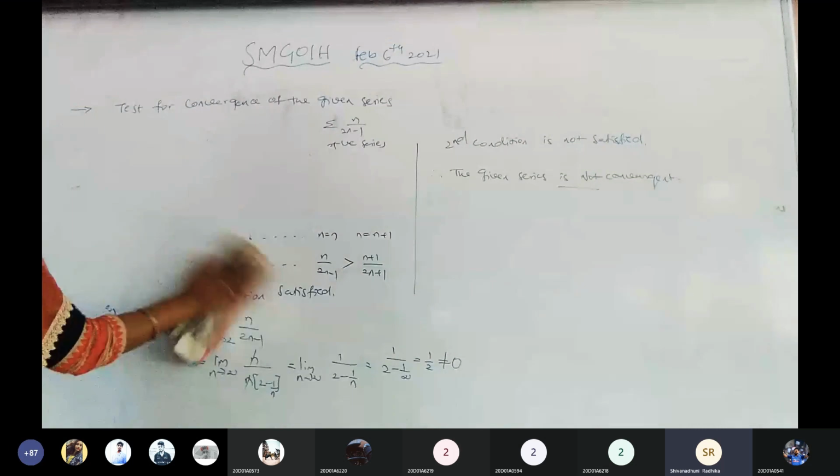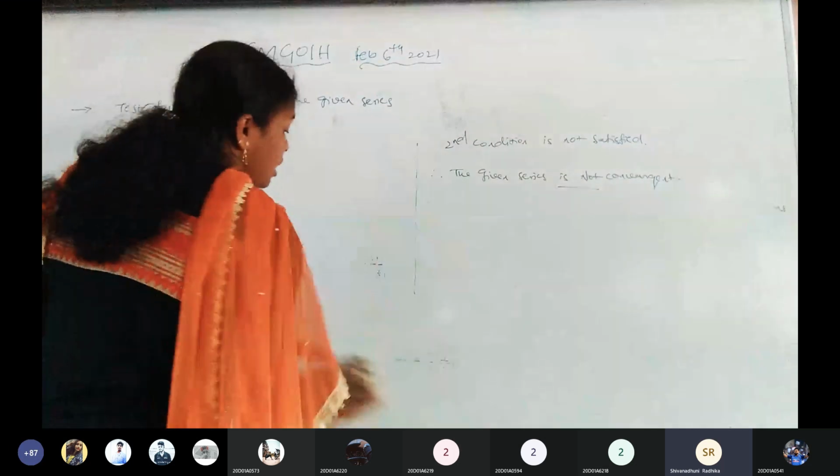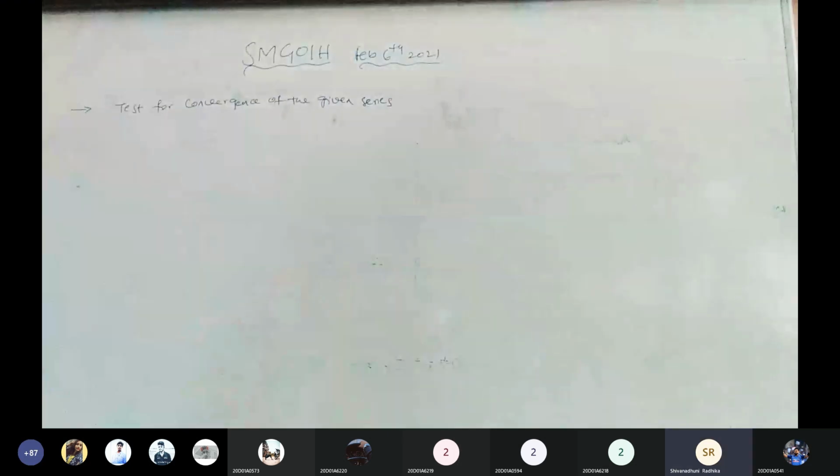Next, third question. The next problem also uses the Leibniz test, to find whether it is convergent or not convergent. We are not using the word divergent; we have to say not convergent. Okay. Next problem.